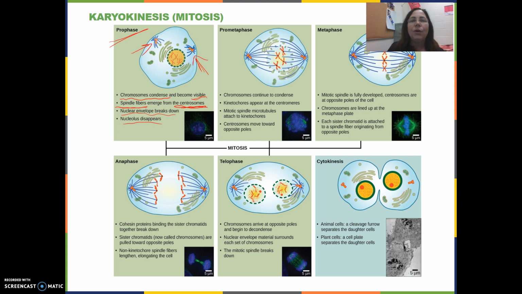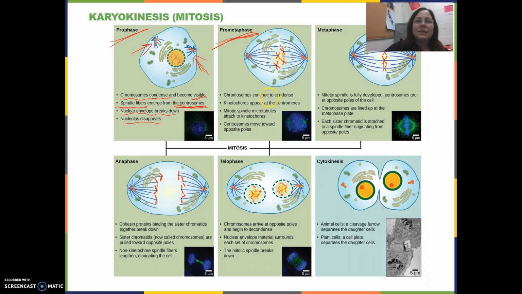And then you have prometaphase, which of course is just a transition between prophase and metaphase. So in prometaphase, chromosomes continue to condense. Kinetochores appear at the centromeres, and these are structures that the spindle fibers are going to attach to.